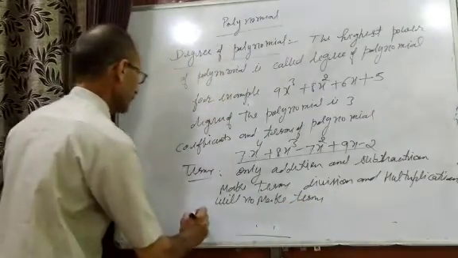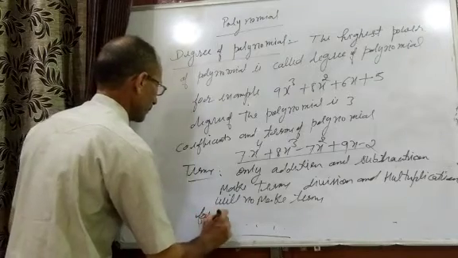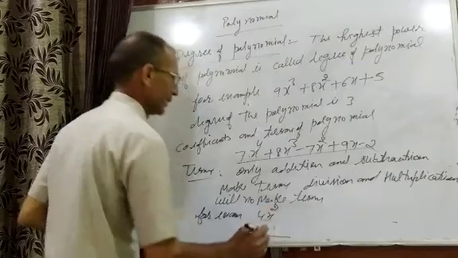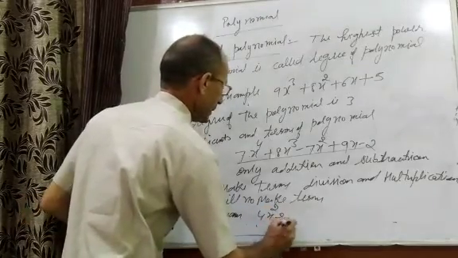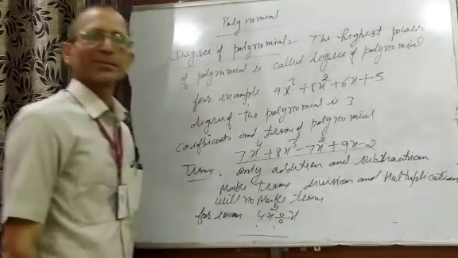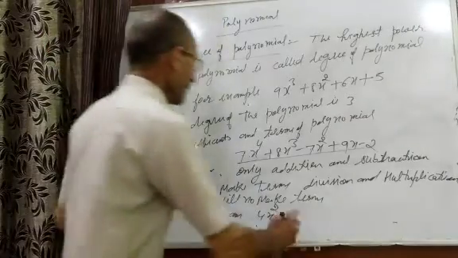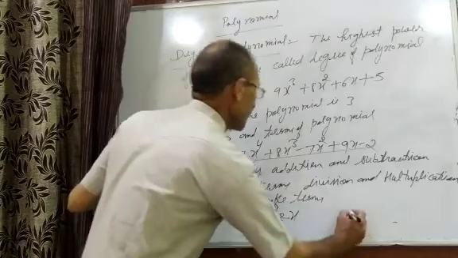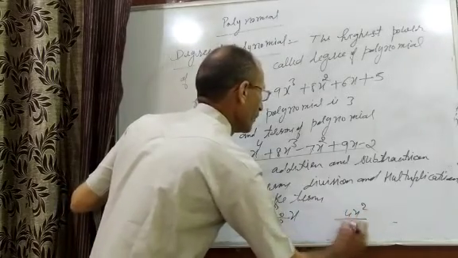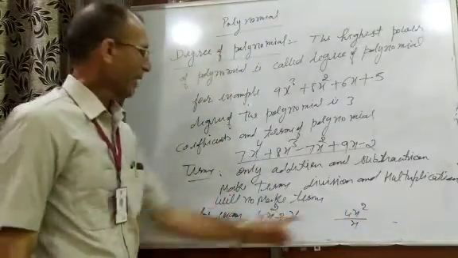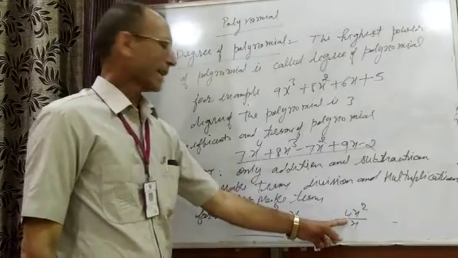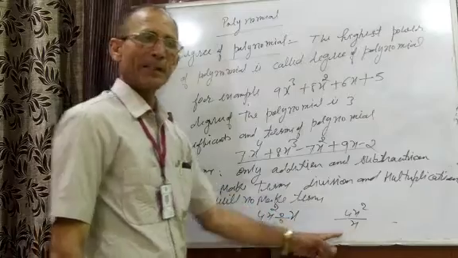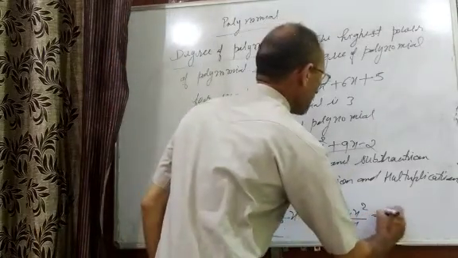For example, 4x square divided by x. If I simplify it, you can use the law of exponents. Bases are the same and we divide, so subtract their powers.